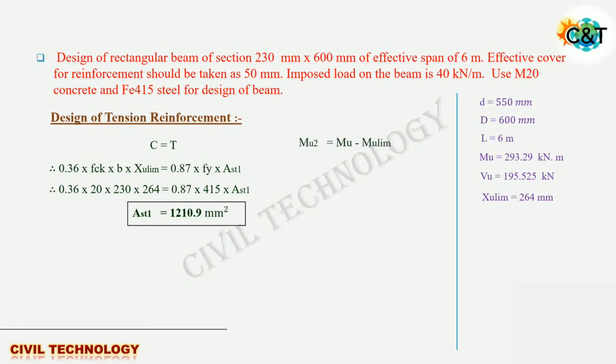So just find out Mu2, that is the additional moment. For that we have to calculate the additional reinforcement. This formula is simple: Mu, that is our design moment, minus Mu limit. We have both the values, just put down. So you will get the Mu2 moment, that is 101.31 kilonewton meter. So for this much moment we have to calculate additional reinforcement.